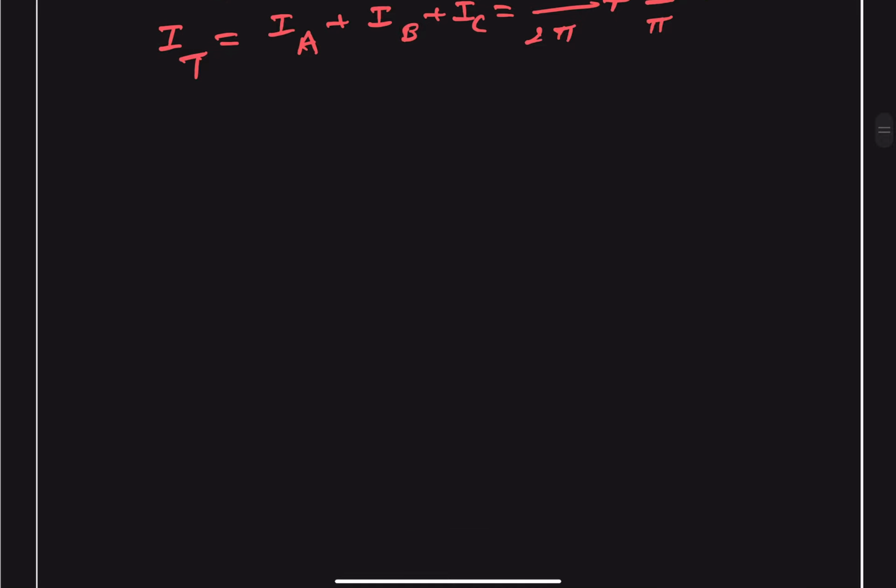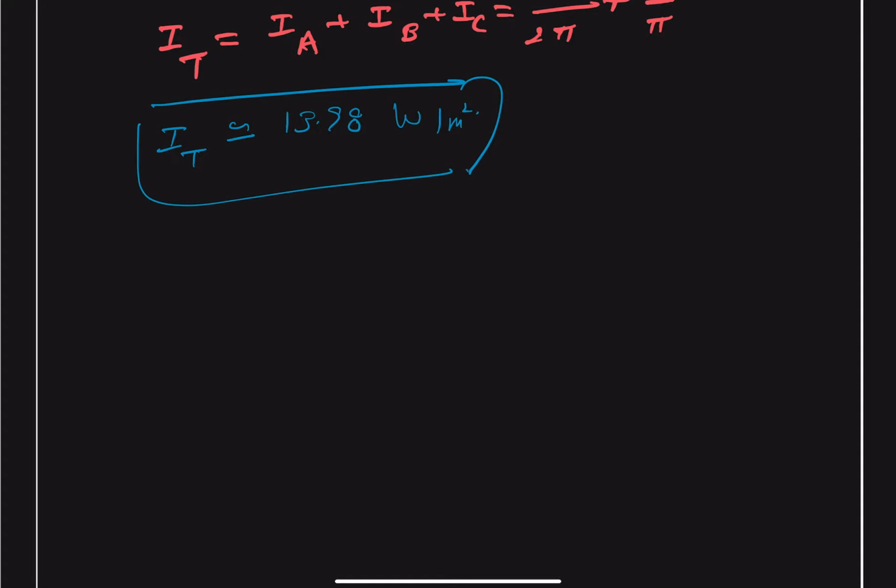And we can simply solve them. We are going to get that our total intensity is approximately equal to 13.98 watt per meter square. So this is our total intensity.